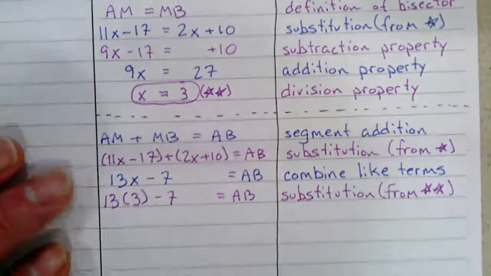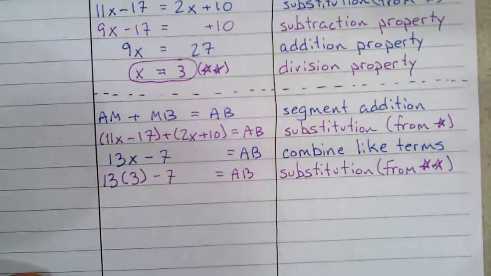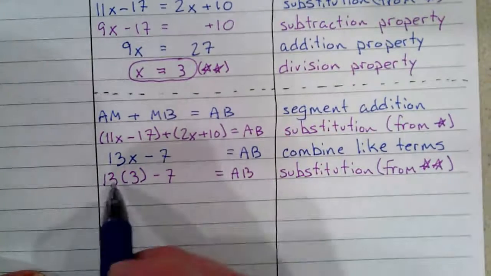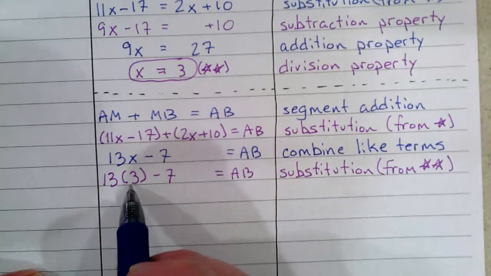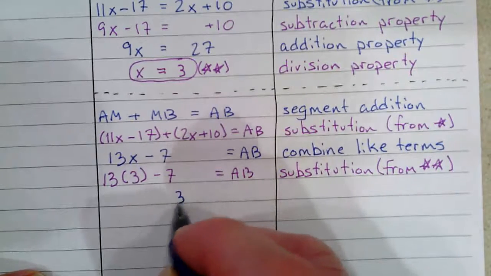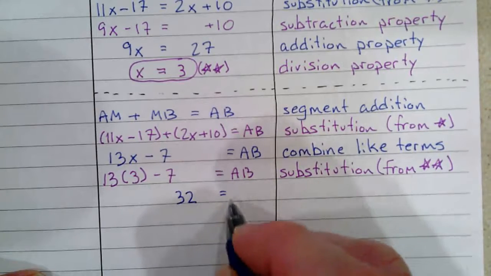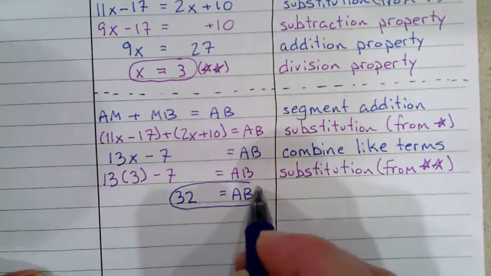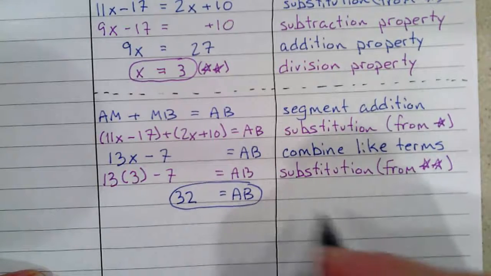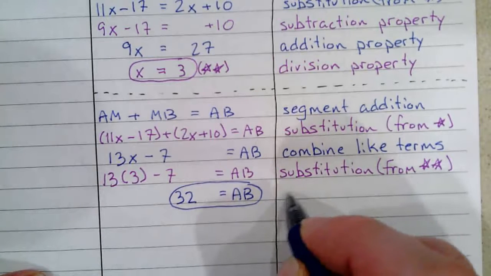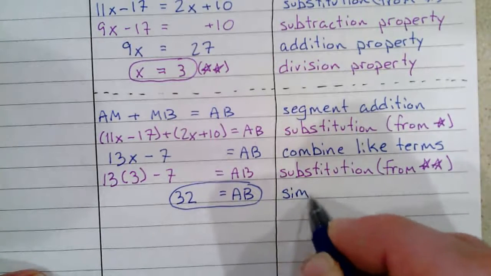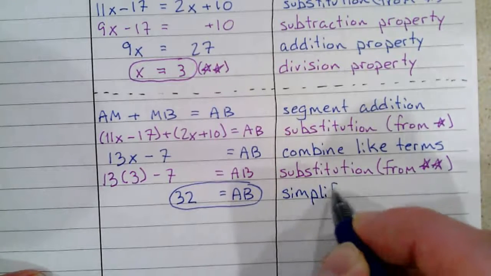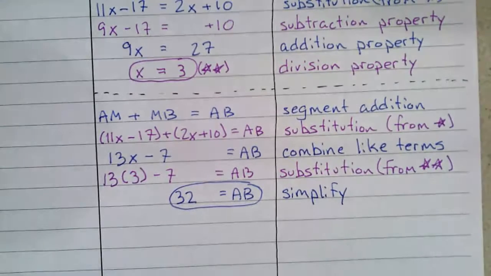Then we have 13 times 3 is 39, minus 7 is 32, equals AB. That's simply simplify. So we found AB.